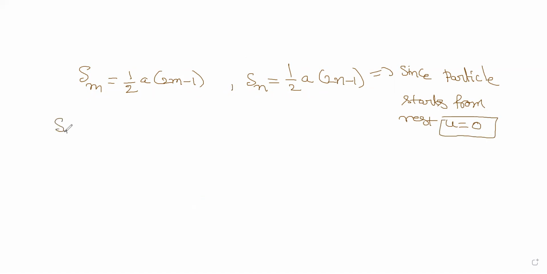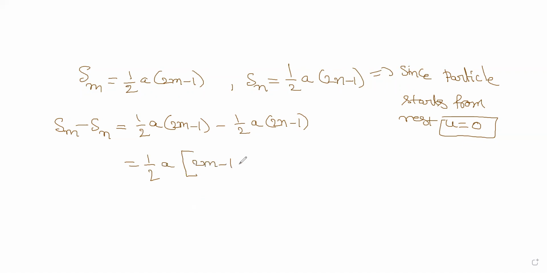Now try Sm minus Sn. What is Sm minus Sn? That is half a into 2m minus 1 minus half a into 2n minus 1. Half a is common. So you have 2m minus 1 minus 2n plus 1, so the minus 1 and plus 1 cancel out. So you have half a into 2m minus 2n.